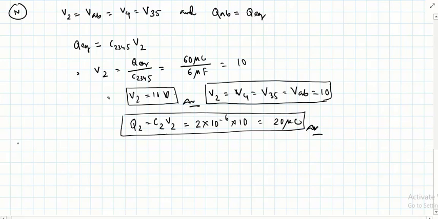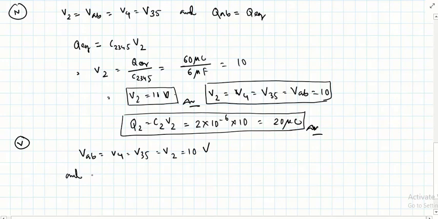This is actually your C5. For Q3, we know that the voltage across AB equals V4, which is V35, equal to V2, which is the 10 volt, right?